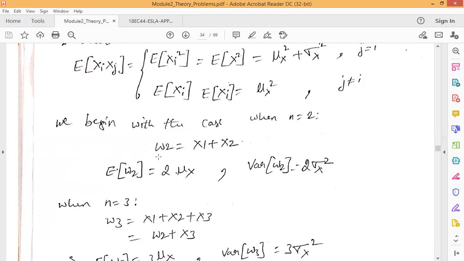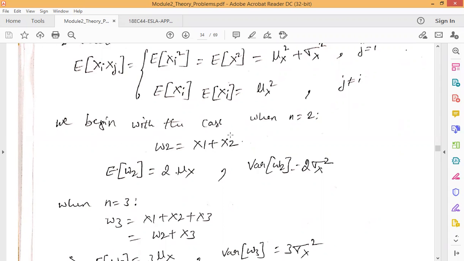For this random variable W2, we need to find the mean as well as the variance. As we know, the mean can be calculated by taking the expectation on both sides. So expectation of W2 is equal to expectation of x1 plus x2. By applying the linear property, it can be written as expectation of x1 plus expectation of x2.